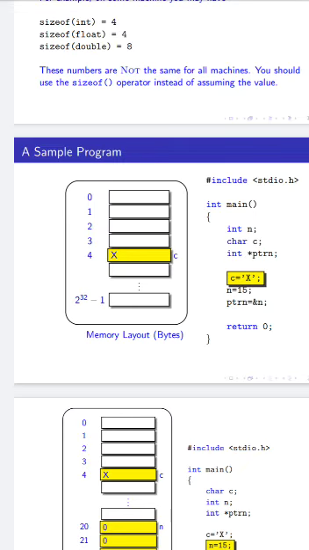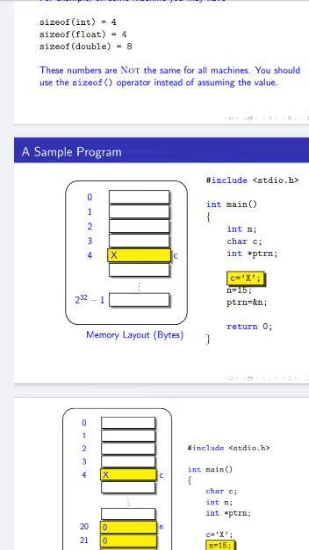Now if I write here include stdio.h, int main, that means it will return an integer. Integer n, character c, and here I can write this one. I can take a pointer as an integer pointer ptrn. Now c equals x, that means x will be stored in c.